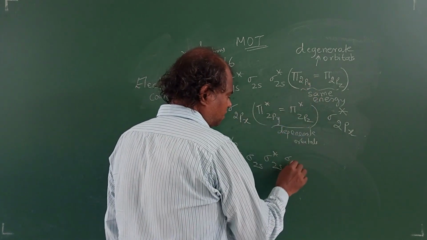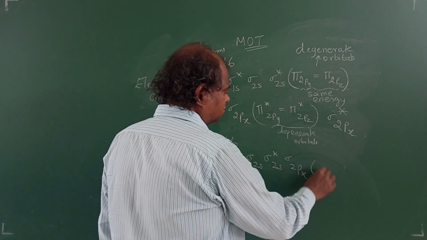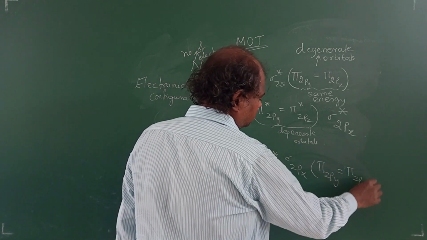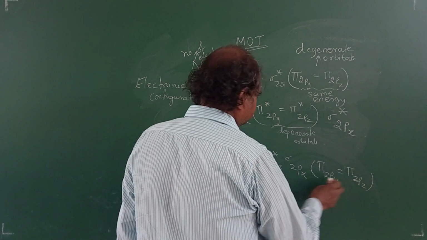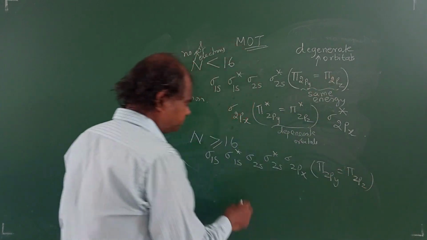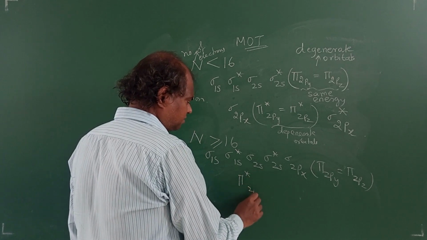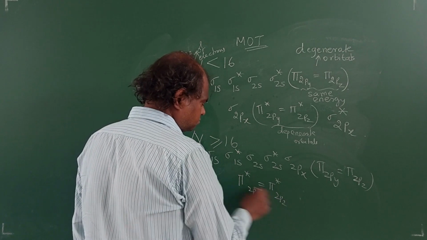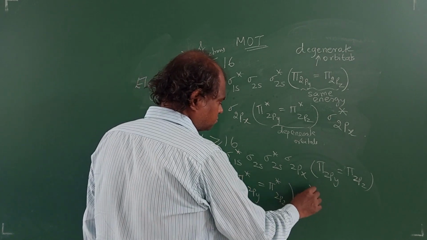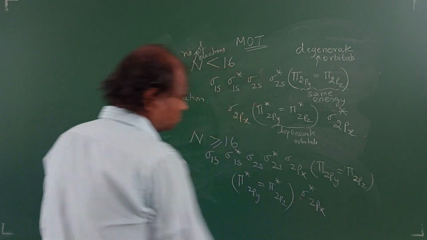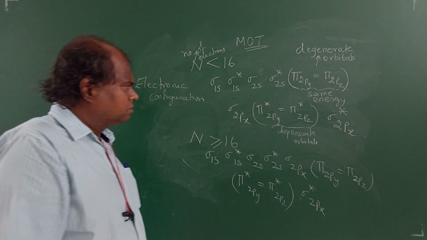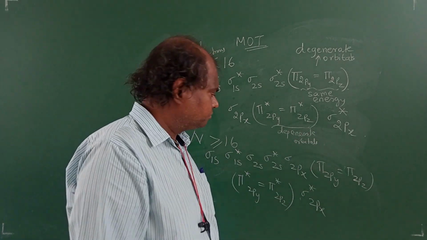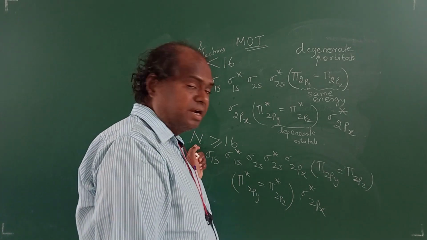Now here I will change it: sigma 2px, then pi 2py equal to pi 2pz. This part will remain the same, nothing wrong. Clear? So pi star 2py, same thing. These are degenerate. Fine. This is what you will do if n is greater than or equal to 16.